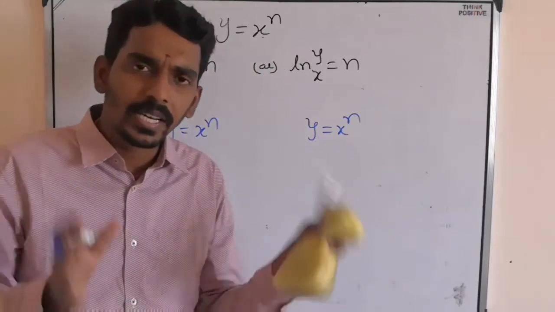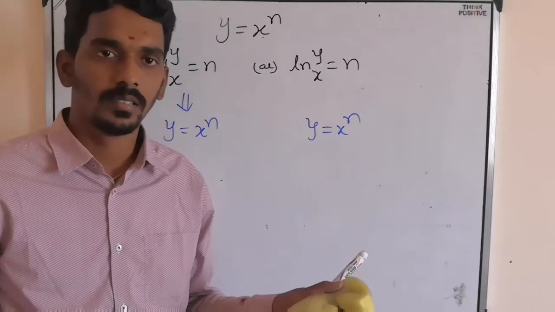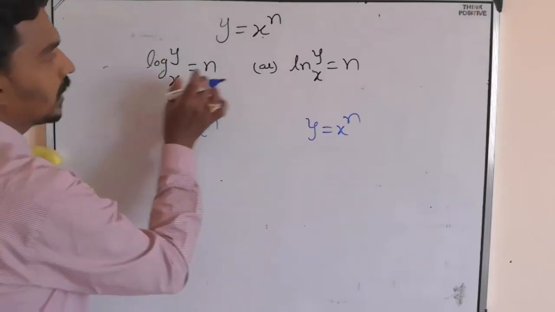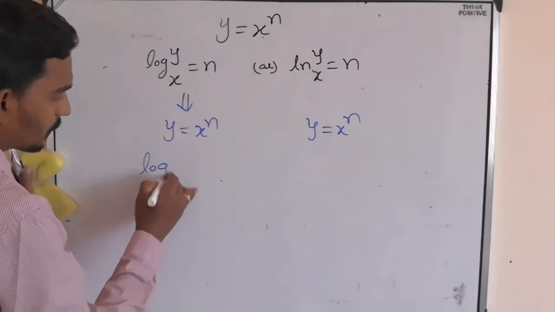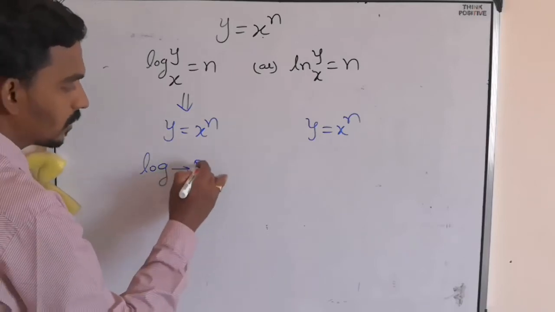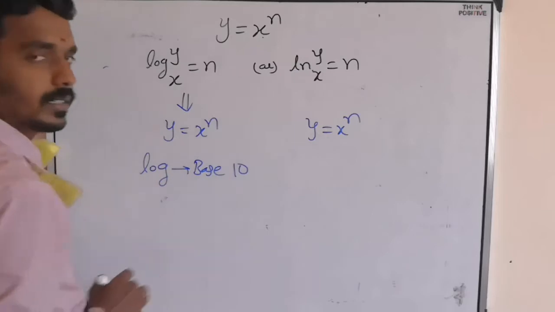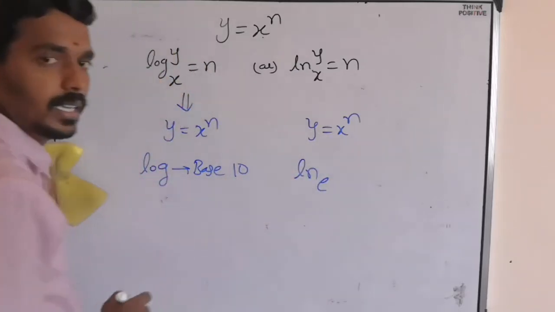But what exactly we require in physics is just formulas, nothing else. First we need to understand the relation between log and ln. Log means base 10. Log means the base should always be 10. Ln means the base is e.